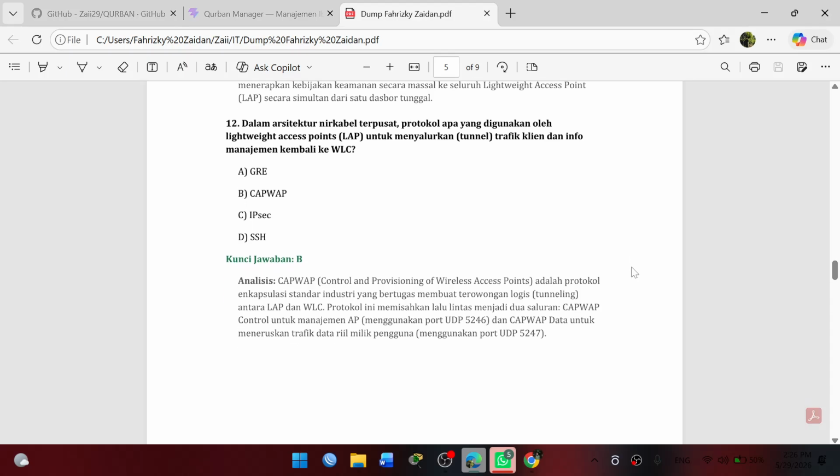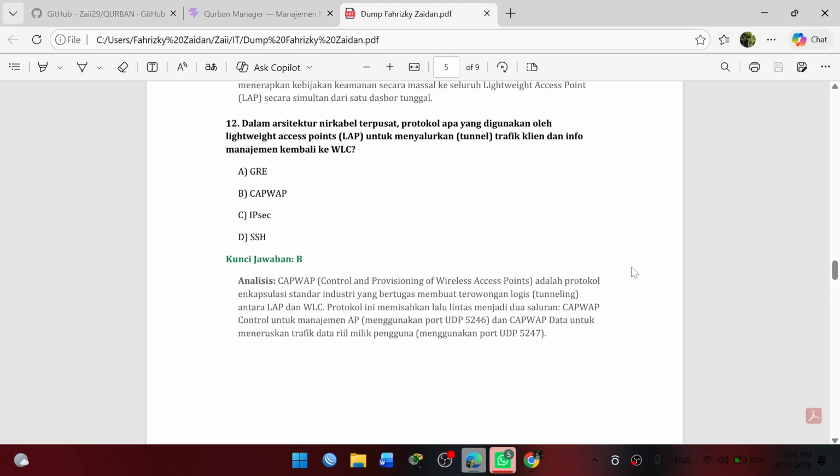12. In a centralized wireless architecture, what protocol is used by lightweight access points to channel client traffic and measurement info back to the WLC? Looking at question 12, the correct answer is B. CAPWAP, or Control and Provisioning of Wireless Access Points, is an industry standard tunneling protocol.